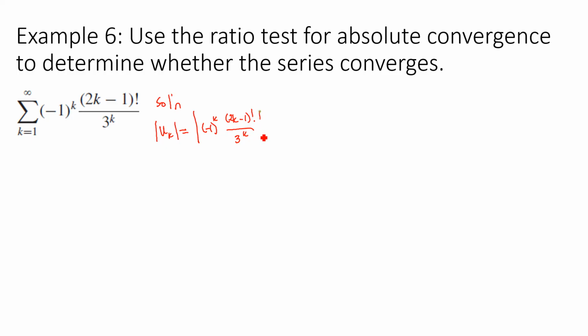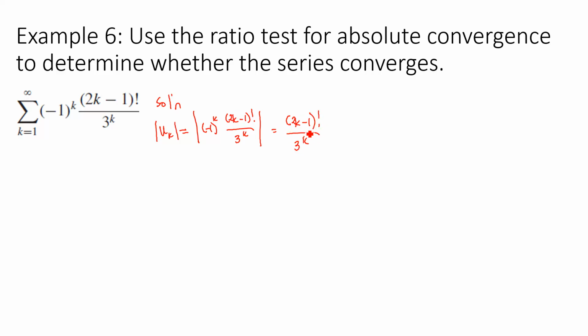Taking the absolute value, the negative 1 raised to k can be eliminated, so you have the quantity 2k minus 1 factorial over 3 raised to k.